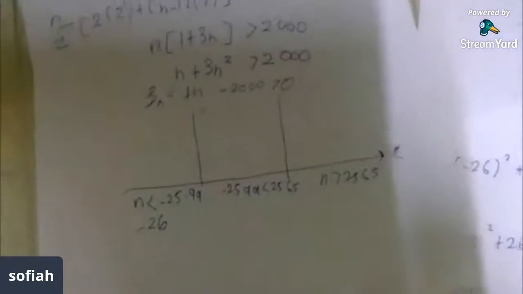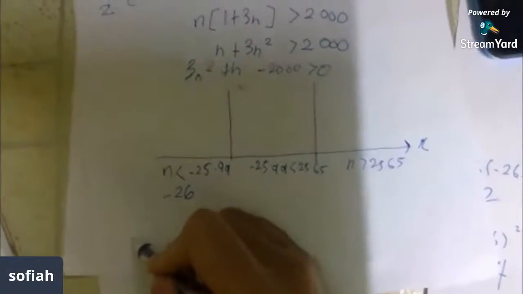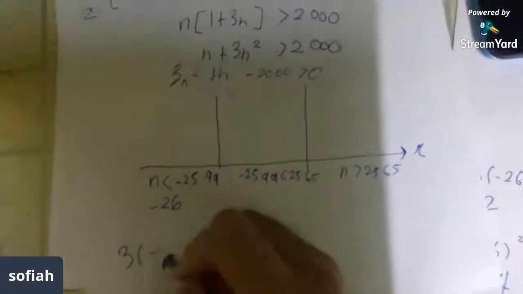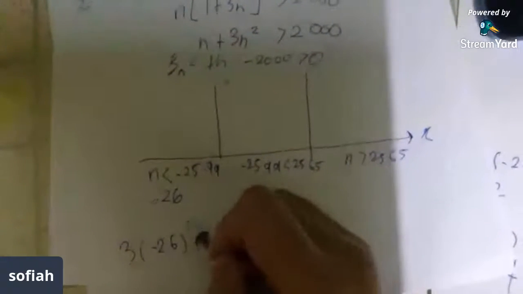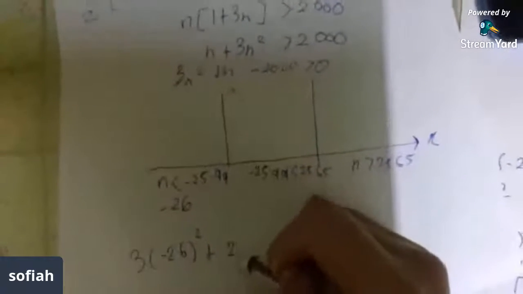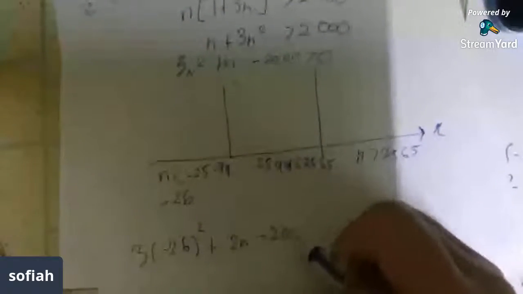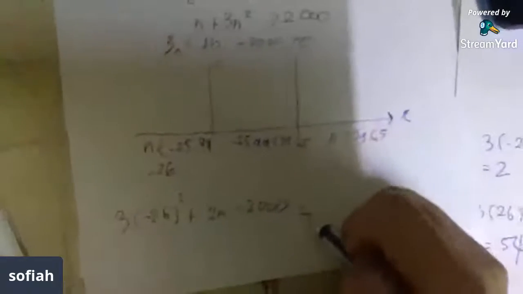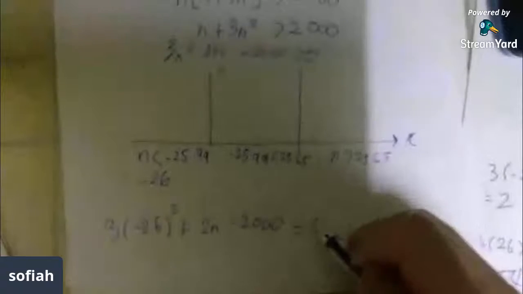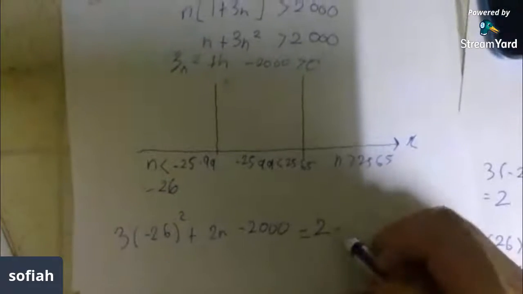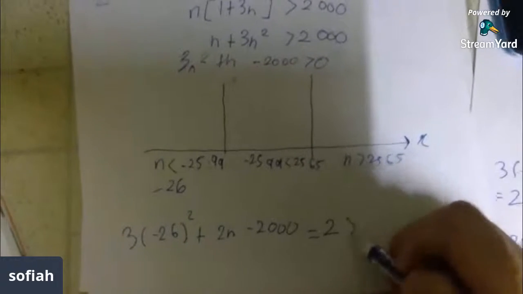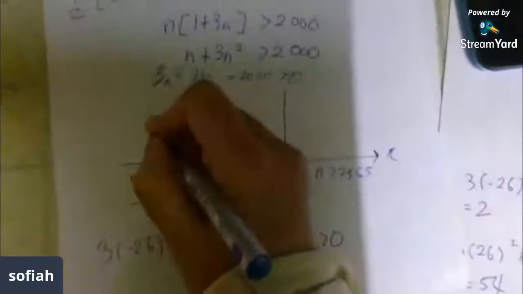If we substitute the value of negative 26 into the formula, 3 times negative 26 squared plus negative 26 minus 2000, we will get the answer 2. So 2 is more than 0, so this is the positive side.